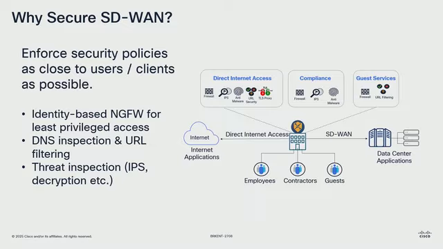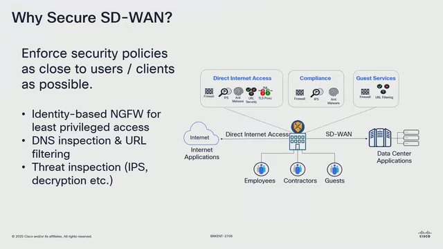Now, why secure SD-WAN? Because this session's about having a secure SD-WAN platform, aka firewall and those types of capabilities in there. We want to be able to enforce policies as close to the users as possible. And this was always a reason why we backhauled everything to the headquarters before, right?